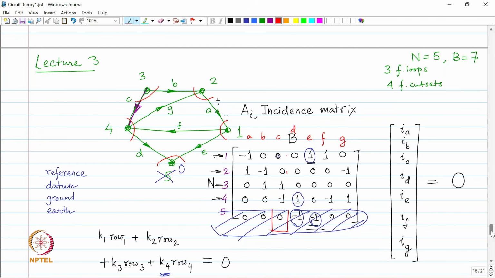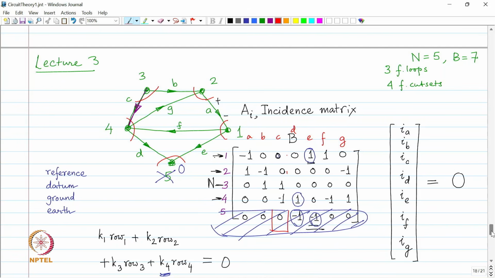Because the matrices are the same, the matrices have no knowledge about what is inside the circuit, it is either plus 1 or minus 1 or 0, that is it. It does not care about Ohm, forget Ohm, forget Tesla, all those guys, you do not need anybody. You only have KCLs and KVLs. As long as the circuits obey KCL, which is all the time, all circuits obey KCL, this incidence matrix is going to be the same for both.